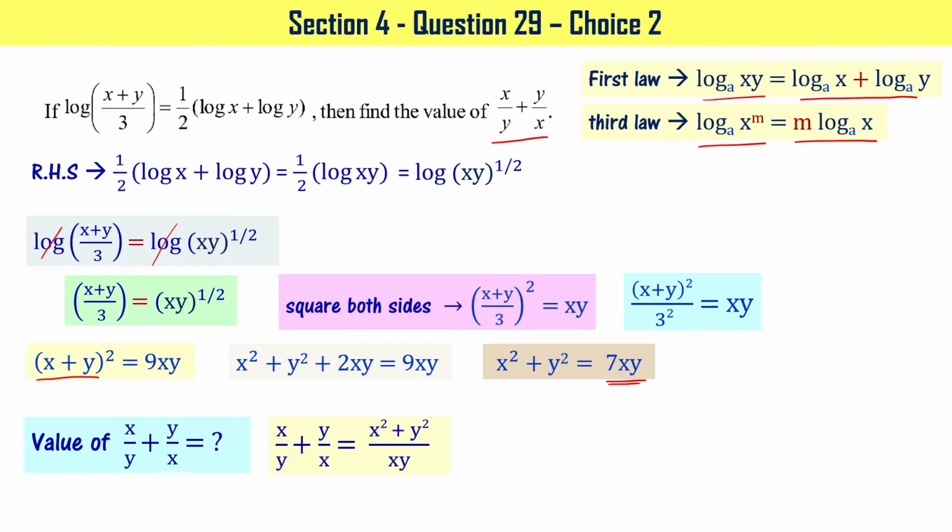Now we know x square plus y square equal to 7xy. Let's substitute that. It means we are going to have 7xy divided by xy. Once you cancel this xy and this xy, what you get is 7. So answer is x by y plus y by x equal to 7.